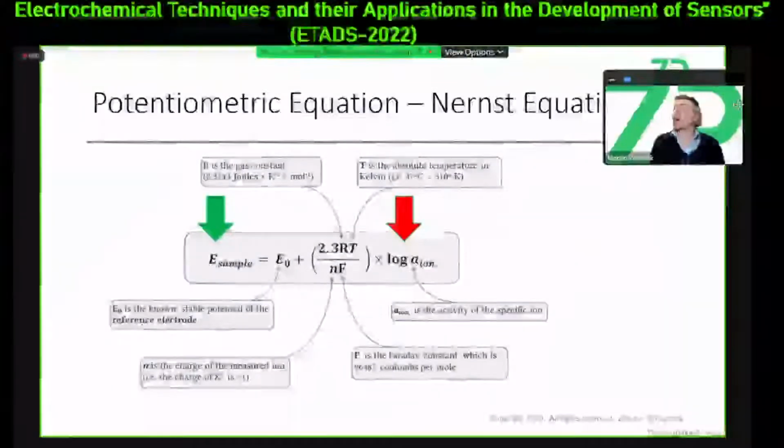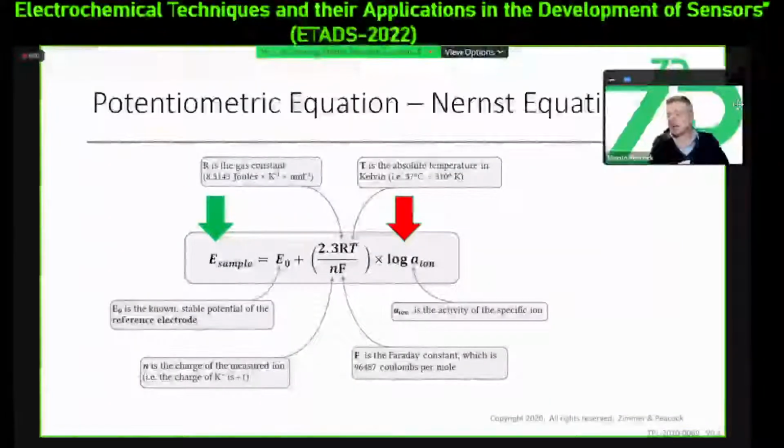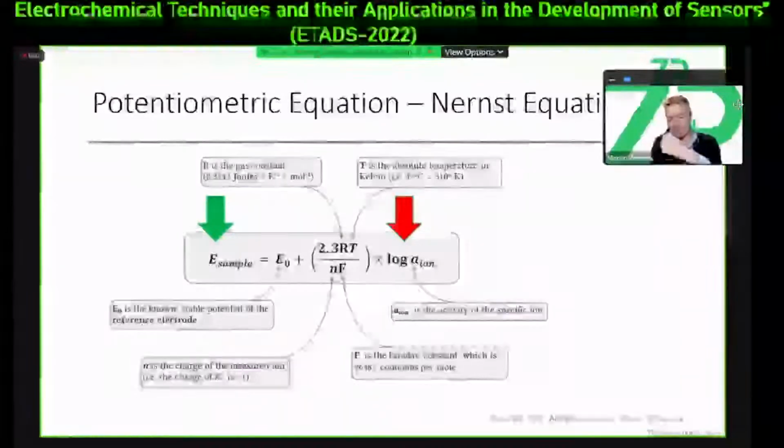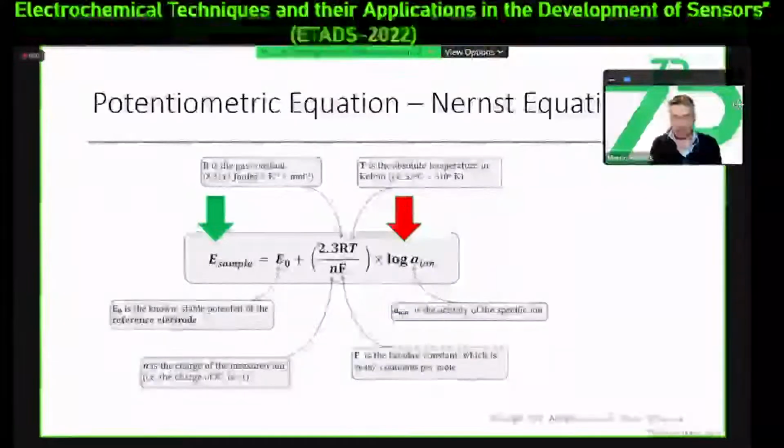We earlier on did a talk about nitrate sensors, and there the sensor was an ion selective electrode, but it was specific to nitrate. With these ion selective electrodes, at Zimmer Peacock, we manufacture quite a lot of them. We have the pH ion selective electrode, which you'll see in a bit.